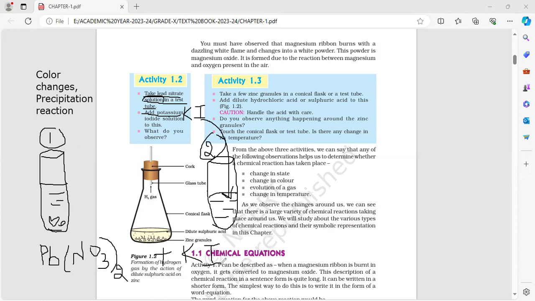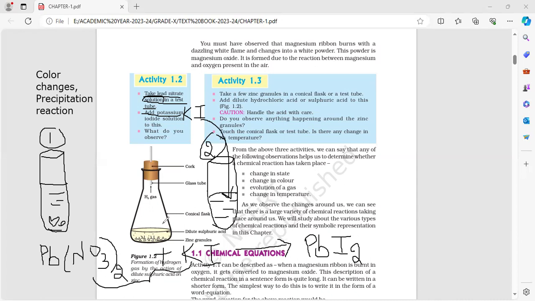In this reaction, when we add lead nitrate solution and potassium iodide solution in one single test tube, you will get lead iodide, PbI2. These two are the reactants, on the left side, as I told you yesterday.